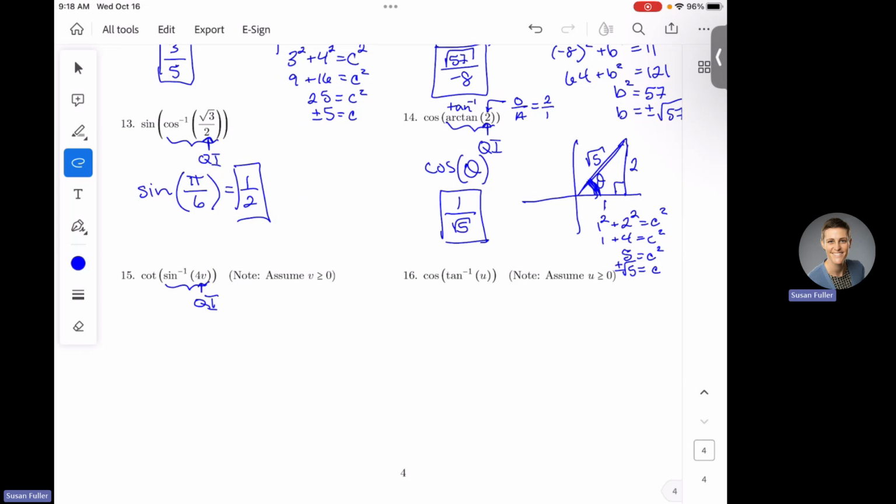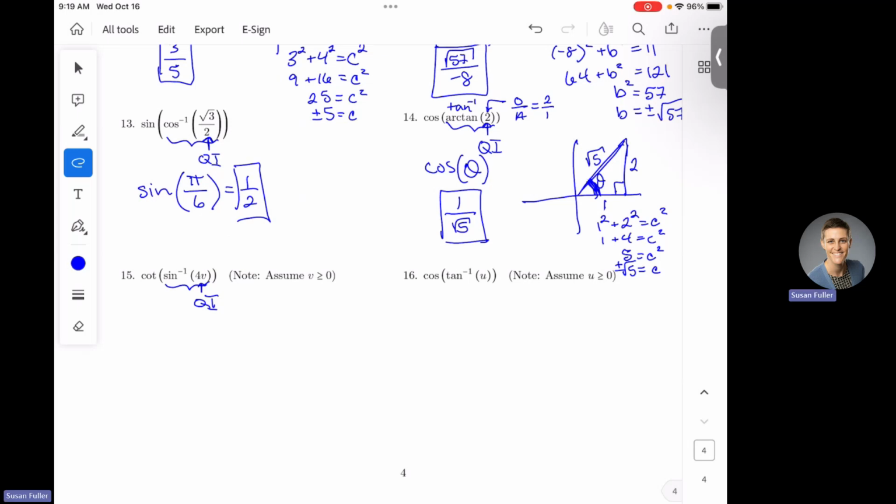Okay, cool. So I'm looking for the angle in quadrant 1 that has a sine ratio, a y value on the unit circle of 4V. Are you going to find 4V on the unit circle in those ordered pairs? Yeah, definitely not.